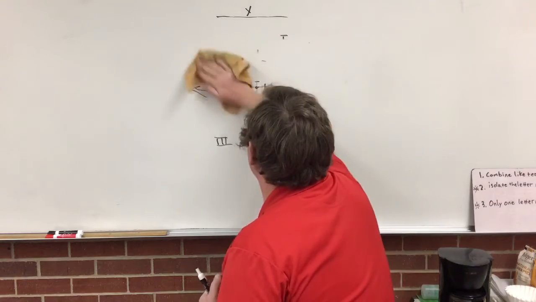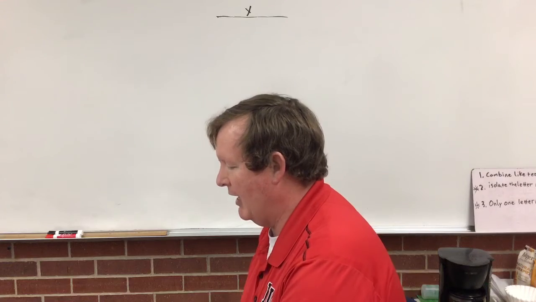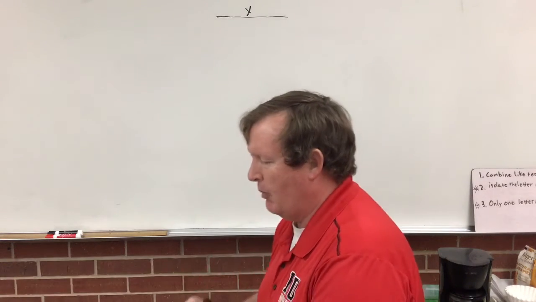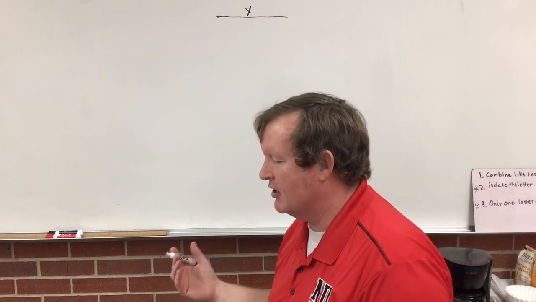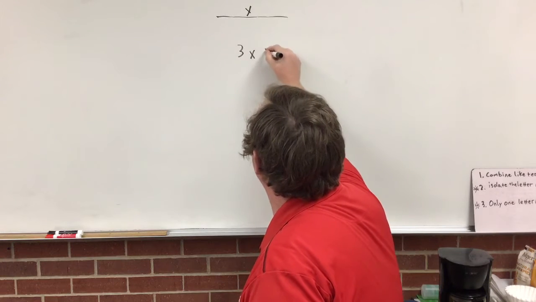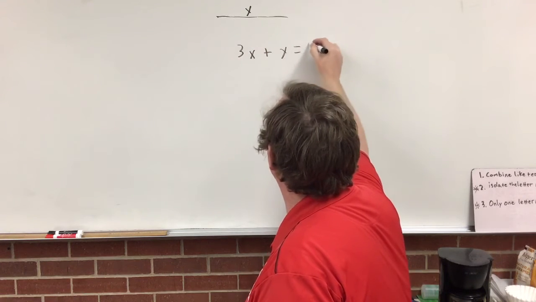All right, let's move on to the stuff that's a little bit trickier. So next page. The first part says tell whether the ordered pair is a solution. If you can recall, here's the formula that they give us: 3x + y = 9.